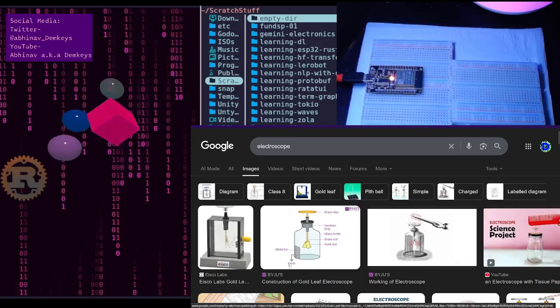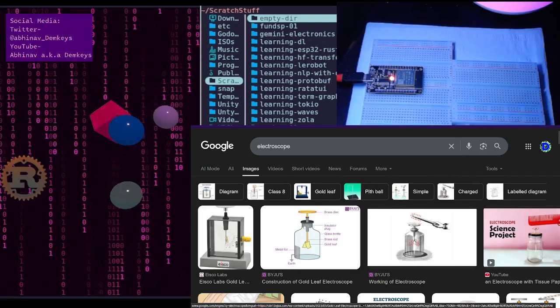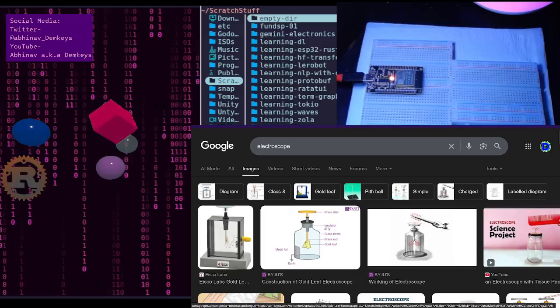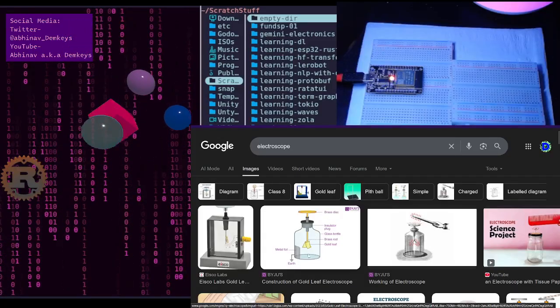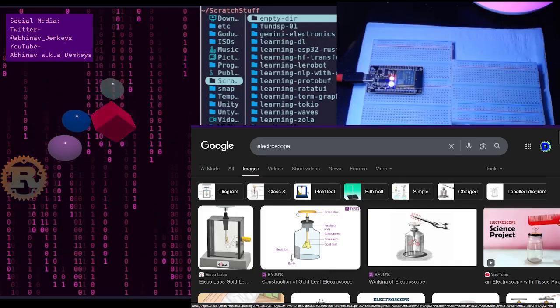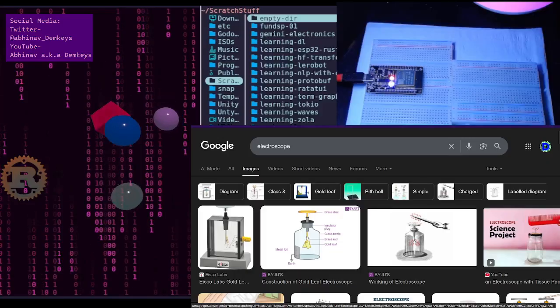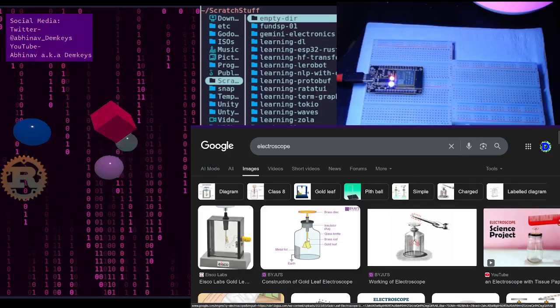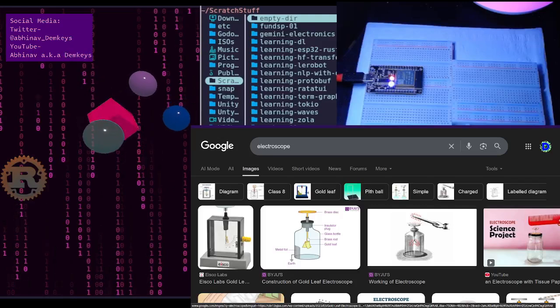So you have a glass jar. You also have a cork that's at the opening of the jar, so it's basically closing that jar. And then inside the cork, you've put a copper wire. Here they're using brass, but in the example that I'm talking about, they've put a copper wire.